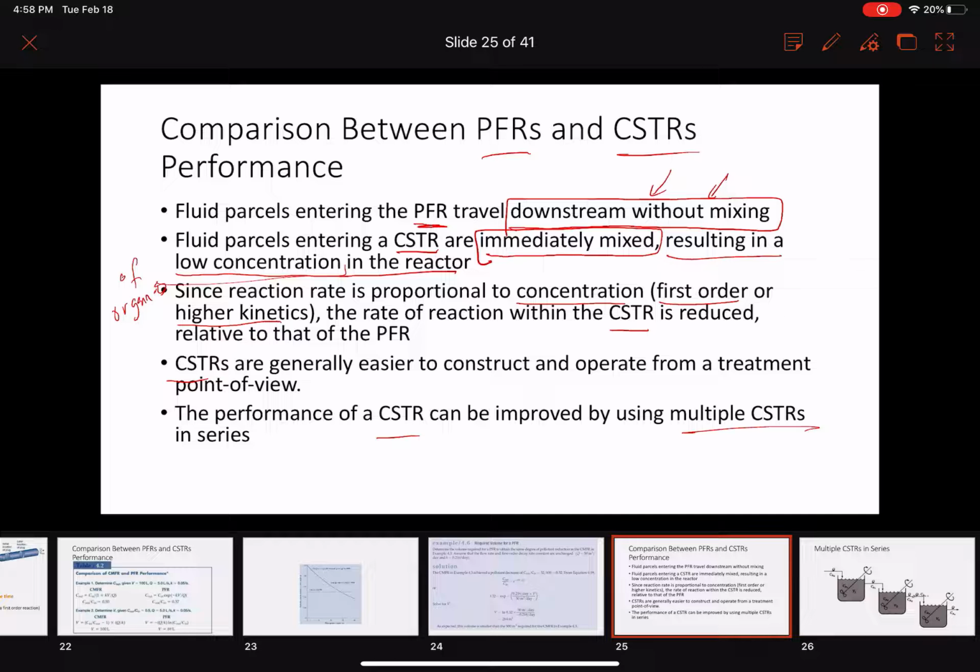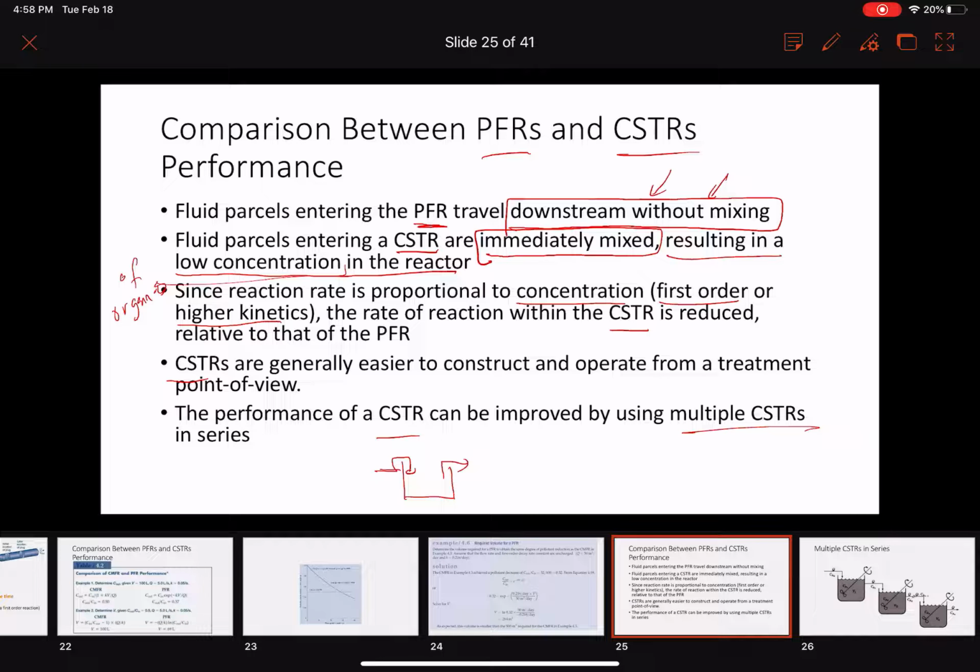Remember when we saw that one CSTR might give you, let's see, this is in and out. Let's say the input is 100 milligram per liter of some chemical, and we did a reaction in this CSTR and got 5 milligram per liter.